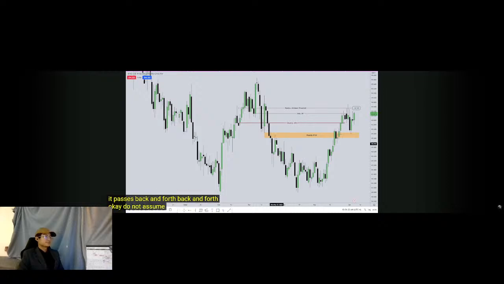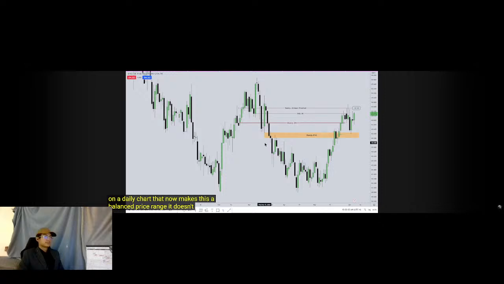Do not assume, this is really important, do not assume that an inefficiency, whether it be a fair value gap that's a buy side unbalanced sell side inefficiency or a sell side unbalanced buy side inefficiency, either or. Don't assume, if you see on a weekly chart rather, don't think that because we see these back and forth moves on the daily chart that now makes this a balanced price range.